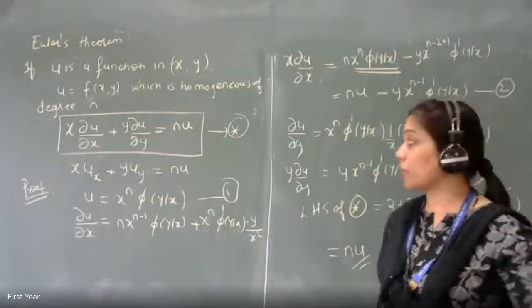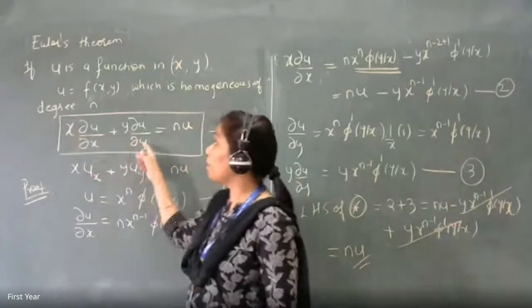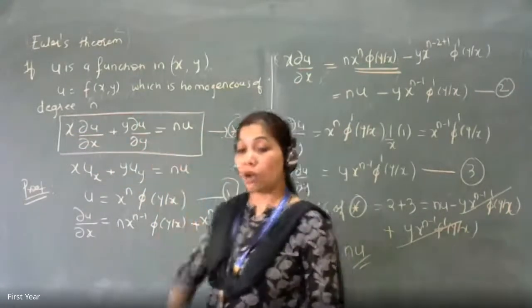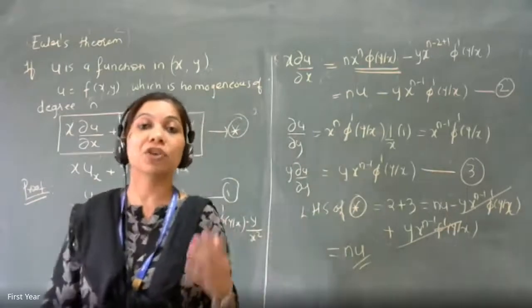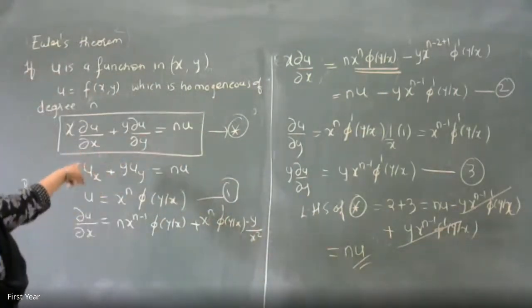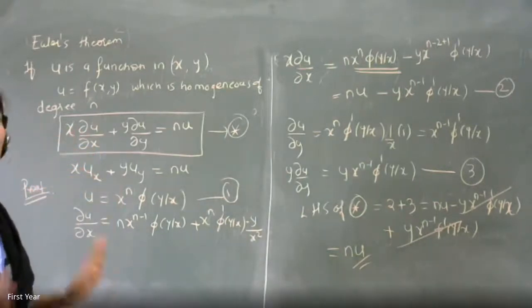Till now, whatever partial derivatives we have found, we had to find delta u by delta x, delta u by delta y, multiply by x, multiply by y, and then get the answer. But now Euler's theorem is saying that if your function is homogeneous, then the expression of this type, x delta u by delta x plus y delta u by delta y, is nothing but just n into u. And how did we get it?